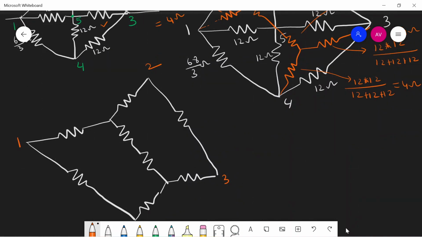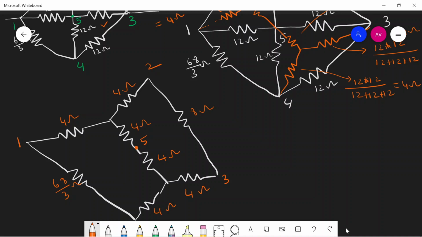Here you can see this is a 4 ohm resistor, and even here a 4 ohm resistor, and this is 8 ohm, 4 ohm, 4 ohm, and this is node 5, and this is a 4 ohm resistor, 4 ohm resistor, and this is 68 by 3 ohm.